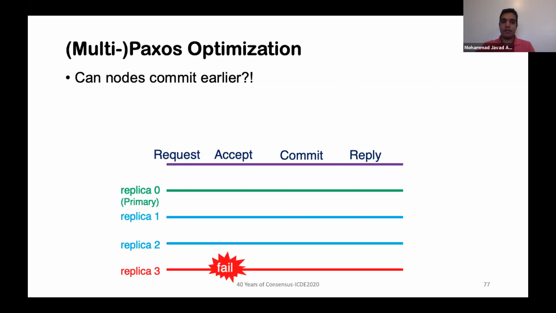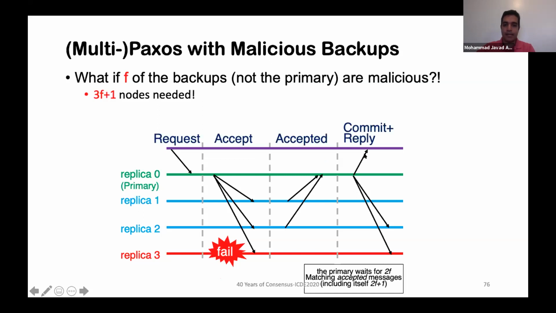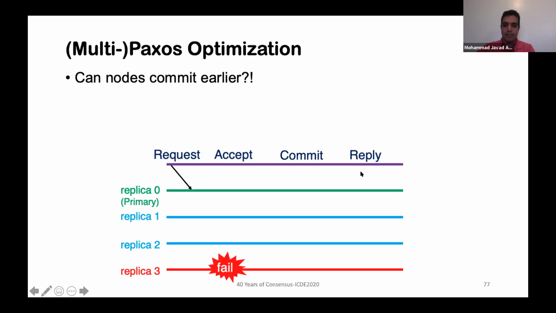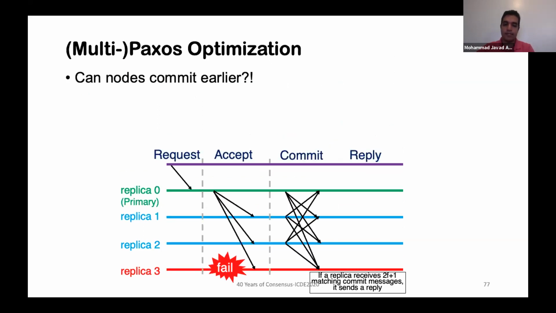An optimization in Paxos is to reduce the accepted and commit messages and make them a single phase of communication. So instead of sending the accepted message to the primary, having the primary collect all accepted messages, see the majority and send that this is committed, replicas can talk to each other.